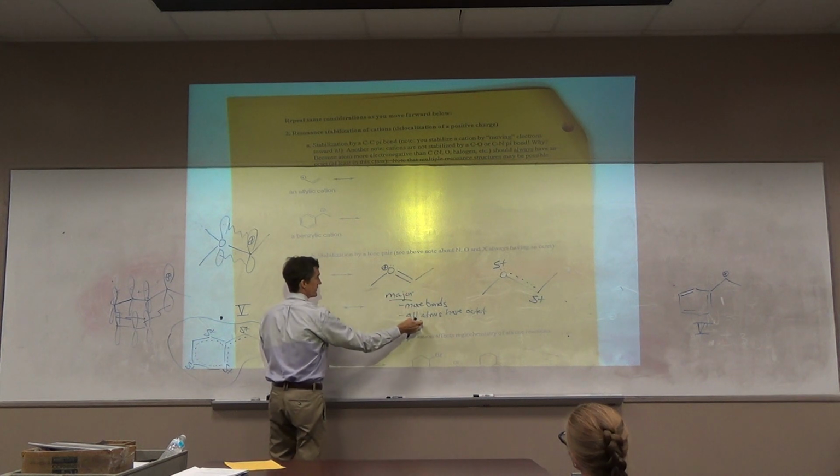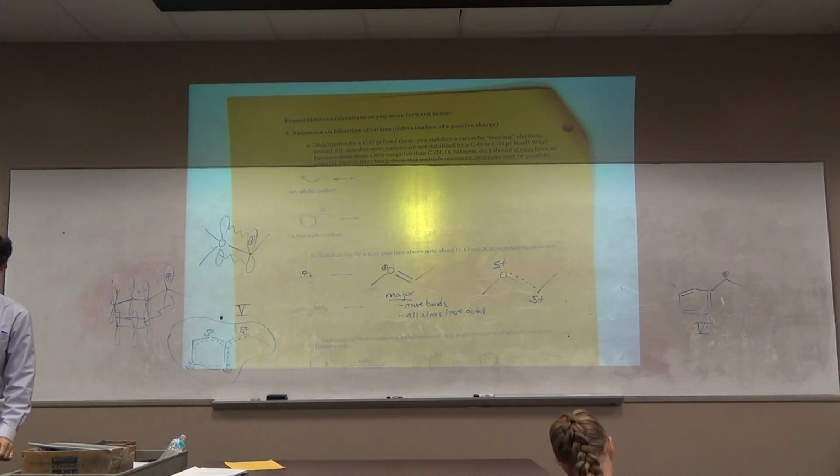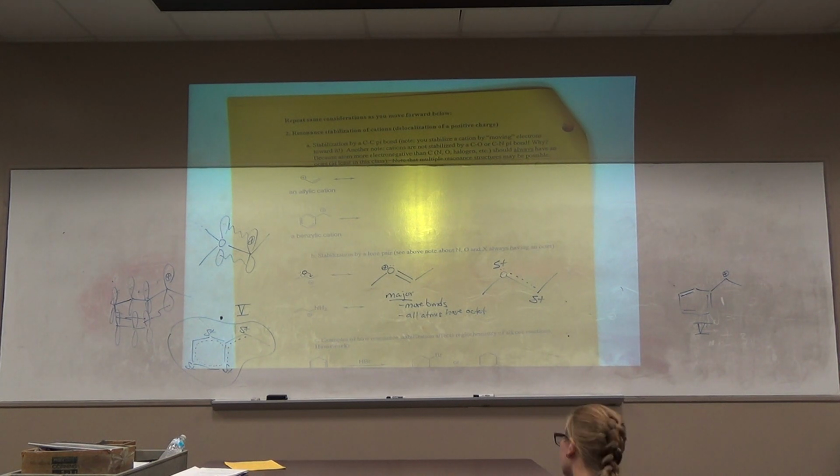This is major because of these things. Oxygen doesn't mind being positive. Actually, none of these over here, chlorine, even fluorine, doesn't mind being positive as long as it has an octet. Does that oxygen have an octet? Yes. What is not good is to have a positive oxygen or fluorine or chlorine and not an octet.